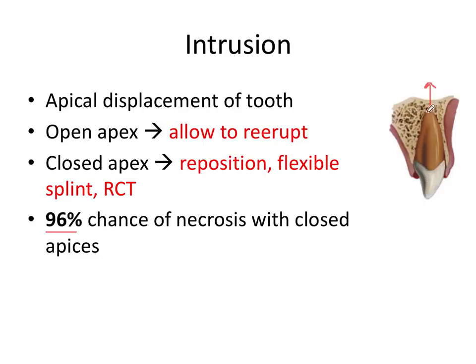And that's because as the tooth is displaced in an apical direction, it literally severs the vessels that supply that tooth. It pushes on these vessels that supply it at the apical portion, and that's the life supply of the tooth. So intrusion is just cutting that off. And so necrosis is super, super likely in this situation, unfortunately.